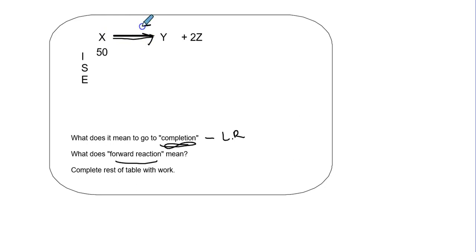And sometimes you can have a reaction that's going both ways, but at this point, we're just trying to plant a few seeds here. So we're just going to run this reaction until this guy runs out, and this will be the limiting reactant. Just minus 50, 0, plus 50, plus 100. Okay, a couple new terms here: forward reaction, completion, limiting reactant.